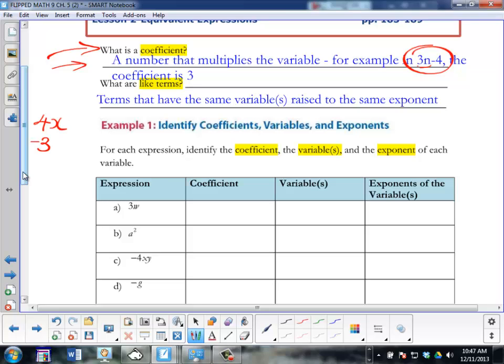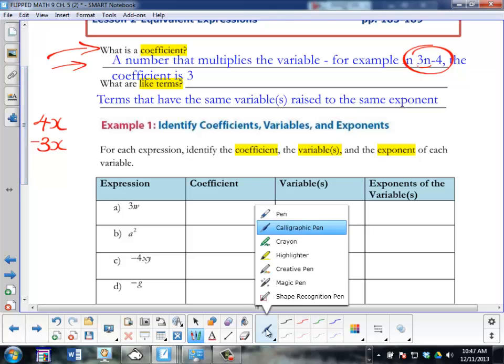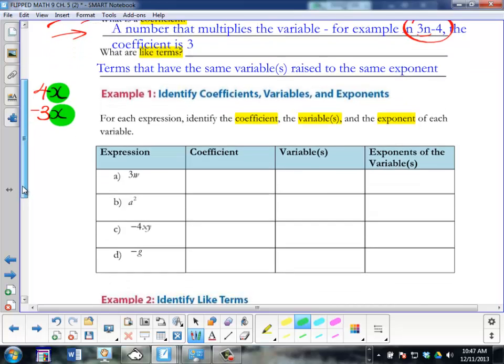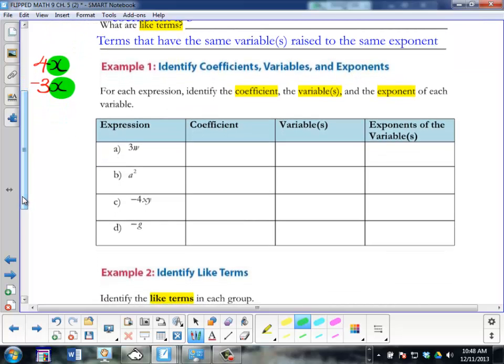If I had negative 3x, what do you notice? What's common about those two? What's common here is that both of them share the same variable x. So they're said to be like terms. Now, I think probably the best thing we can do is look at the first example here and identify our coefficient, the variable or variables, and the exponents on the variable. And then we can talk more about like terms later.